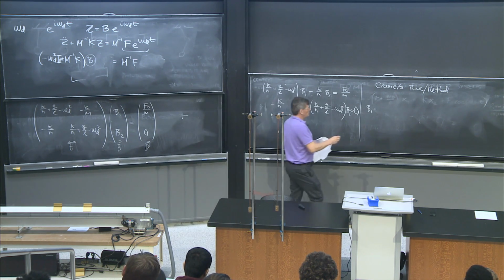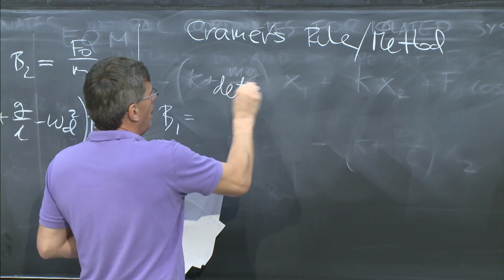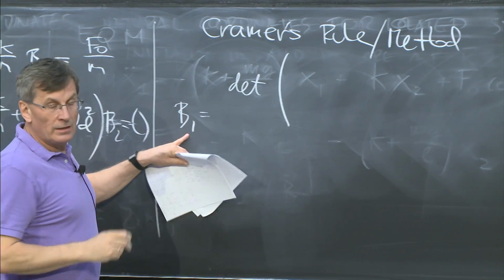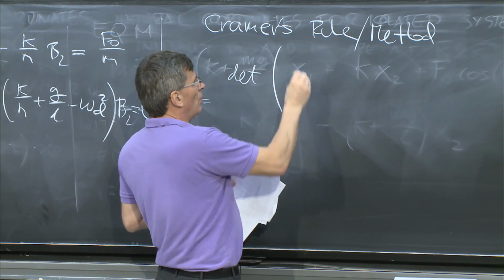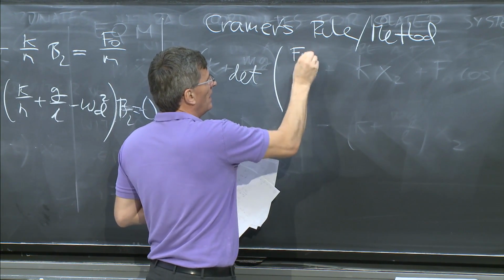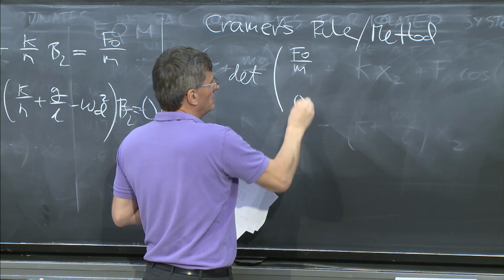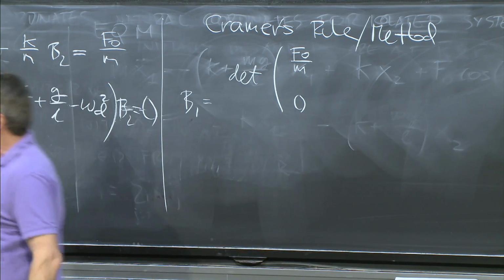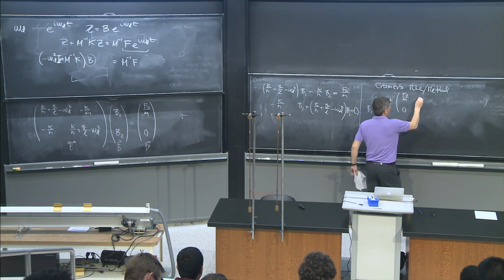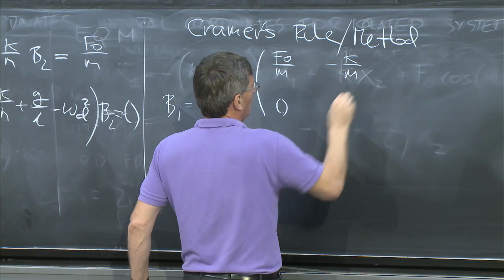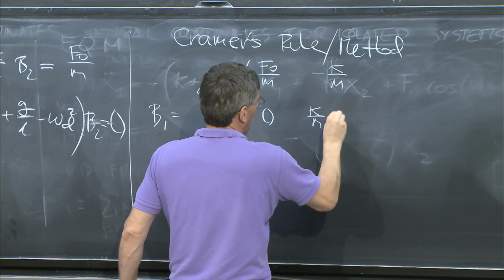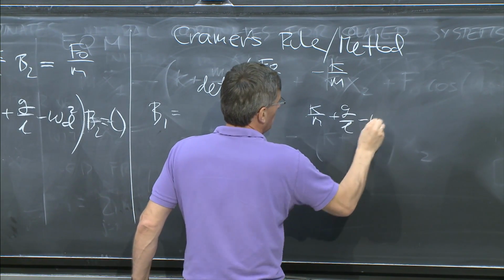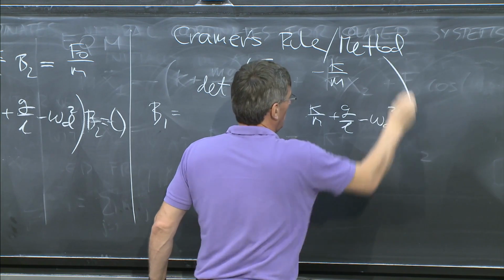So it turns out B1 can be explicitly calculated by taking the determinant with the first column replaced, F0 over M, and keeping the second column, which is minus K over M, and then K over M plus G over L minus omega D squared.